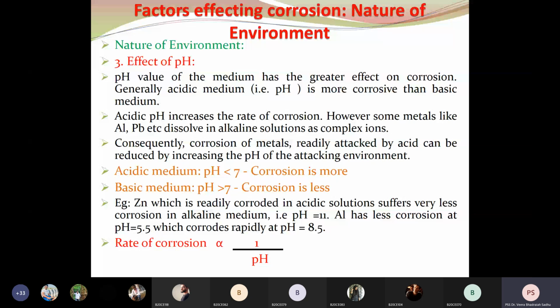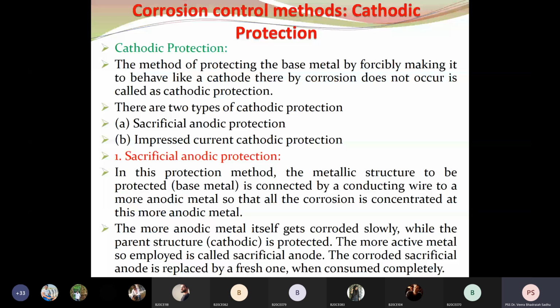This method is nothing but the protection of the base metal by making it behave like a cathode, so that corrosion does not occur. You are creating the environment so that the metal acts as a cathode. So it's called cathodic protection.